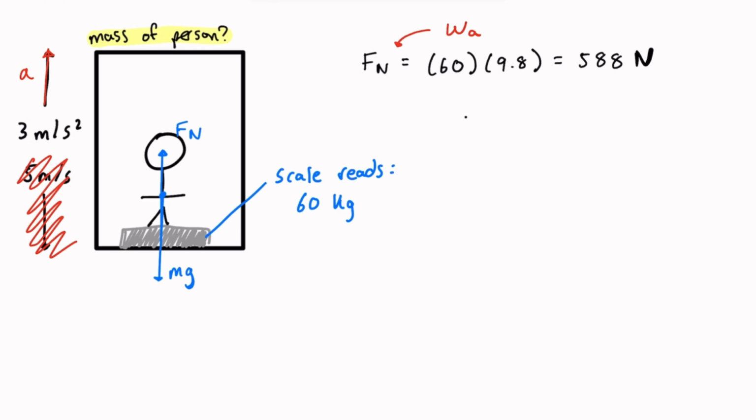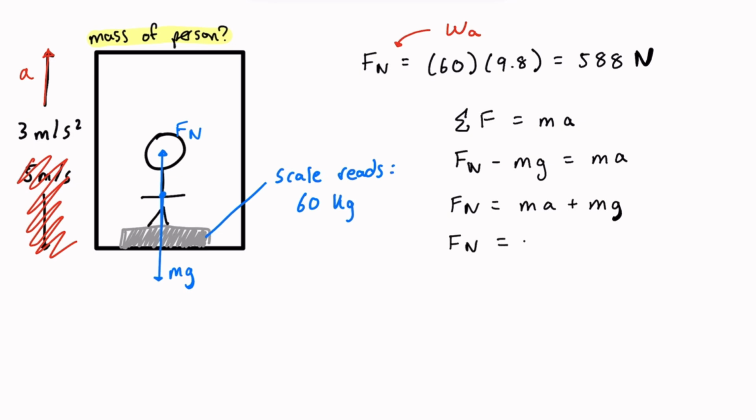Now, let's do our sum of the forces. The acceleration is upwards, so Fn is positive. So Fn minus mg is equal to ma. Let's solve for m now. Fn is equal to ma plus mg.